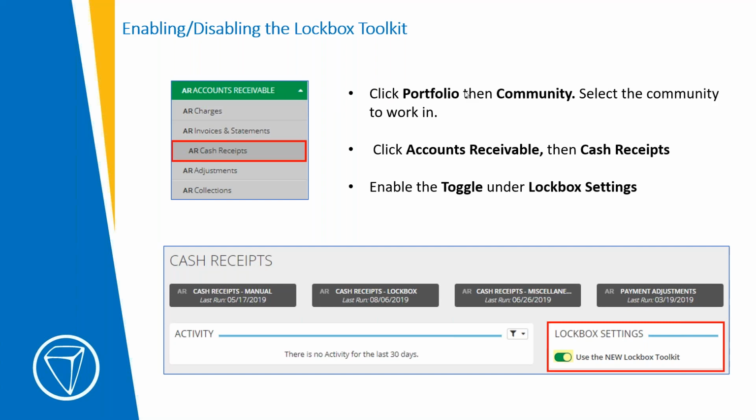But then again, if you think about it, it really doesn't matter because a Lockbox is global, so it really doesn't matter what community you're in. Technically, you could just go to accounts receivable and cash receipts. Then on the right-hand side of the screen is going to be a setting that says Lockbox settings. If it's not on, it would say use the new Lockbox Toolkit, and you would click the slider on, or if it was already on, you would see it in green, like the example at the bottom there.